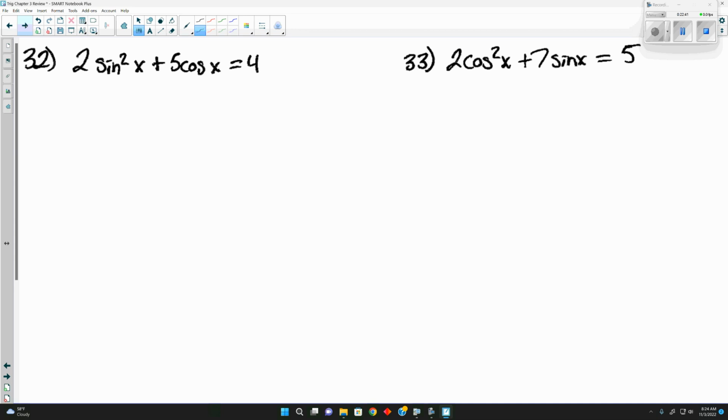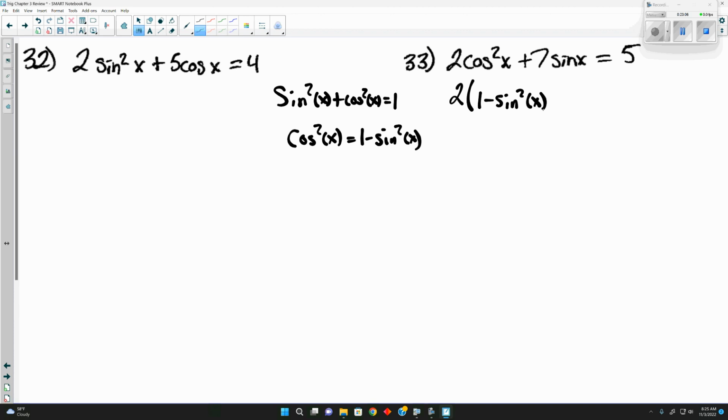33. With both of these here, again, we need it in terms of sine or cosine. So we're going back to our trigonometric identity. And for this one here, well, we could say cosine squared of x is equal to 1 minus sine squared of x. So here we have 2 times 1 minus sine squared of x plus 7 sine of x is equal to 5. Now we do need this equal to 0 because most likely we're going to end up factoring.